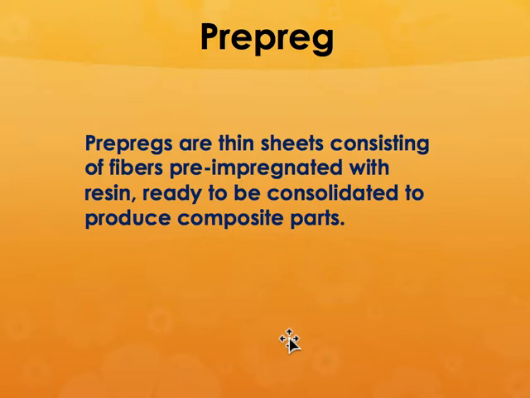So what is the material that is used for many of these processes? Many of these processes are made with what are called prepregs. These are thin sheets consisting of single layer or multiple layers of fibers pre-impregnated with the resin, ready to be consolidated to produce the composite parts.